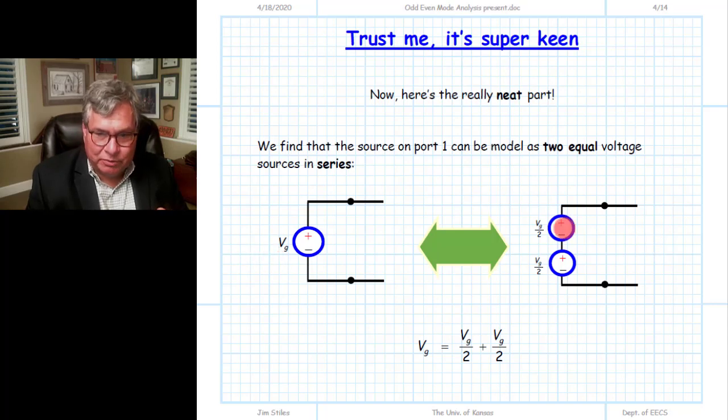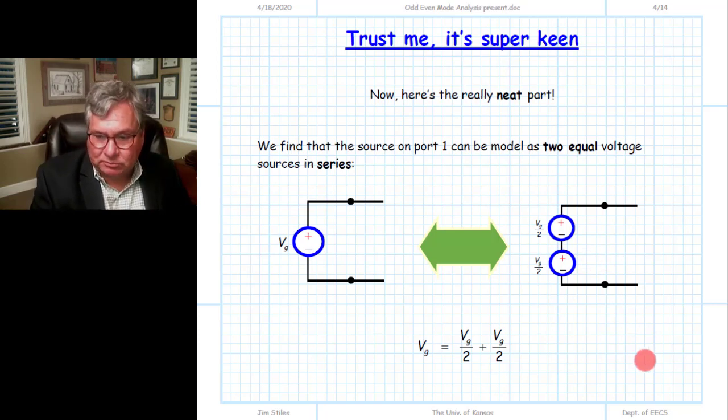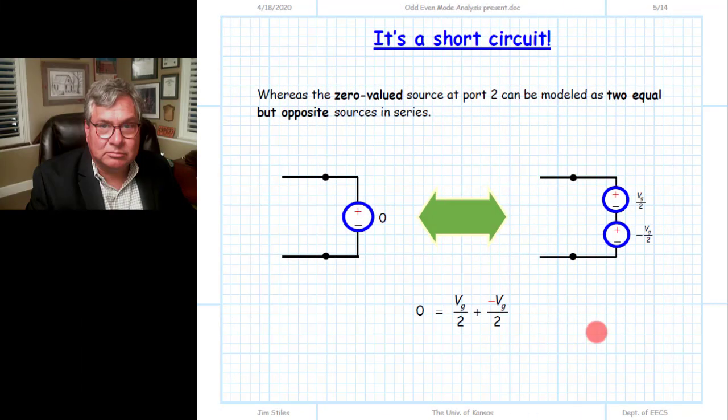And of course, we could go through and do KVL here and find that the voltage from this terminal to this is equal to the sum of VG over 2 plus VG over 2, which of course is VG, the original source. So this is equivalent in every way to this. We can, in our schematic, replace this with these two sources without changing the circuit at all.